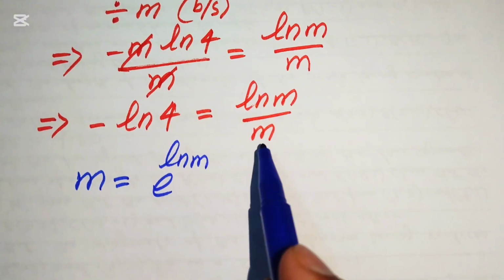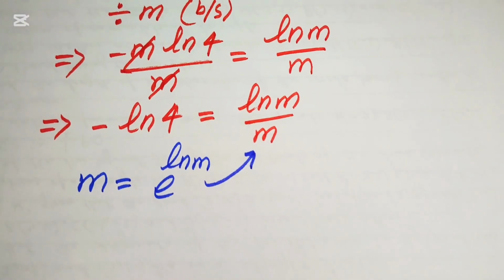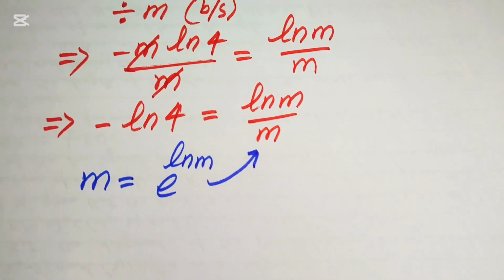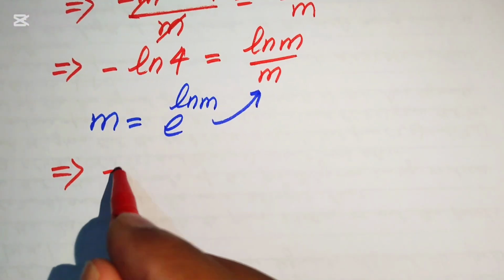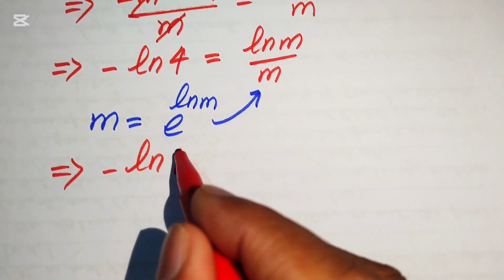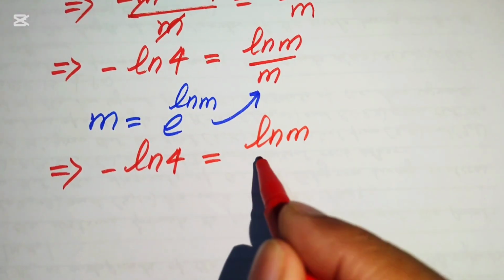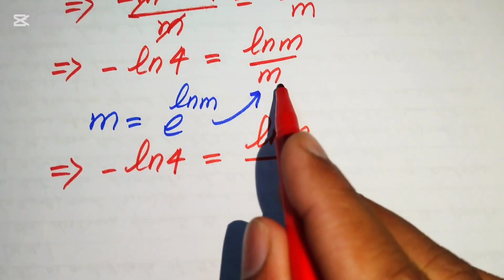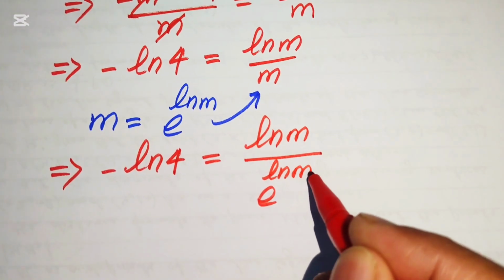So now we replace this m by this term. When we replace m equals e to the power of log m, our above equation is written as minus log 4 equals log of m divided by this m, and our m equals e to the power of log m.